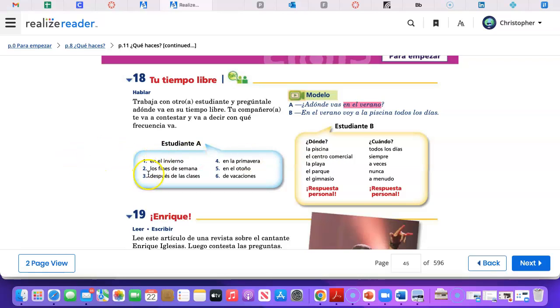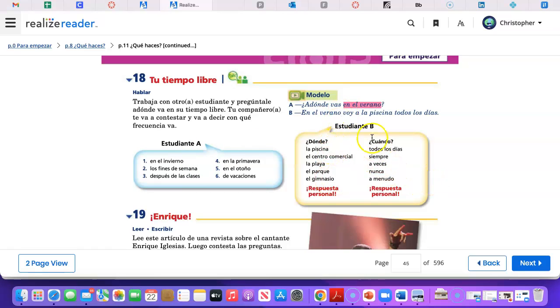Let's do number 2 together. ¿A dónde vas los fines de semana? Remember, fines de semana is the weekend. Where do you go on the weekend? Response, los fines de semana yo voy al gimnasio. A veces. Or, a veces, los fines de semana yo voy al gimnasio.